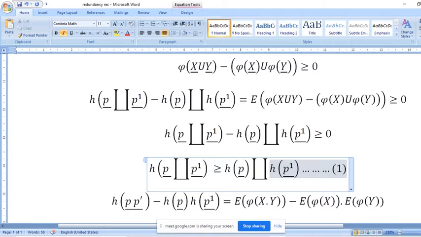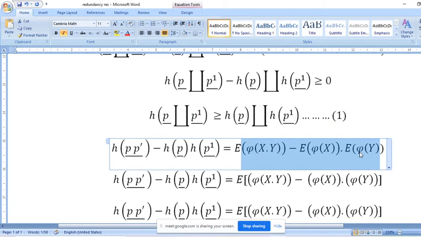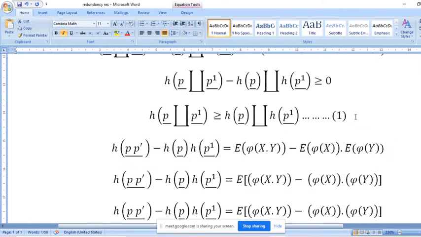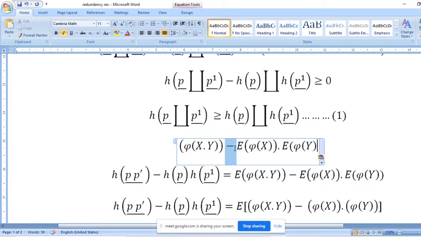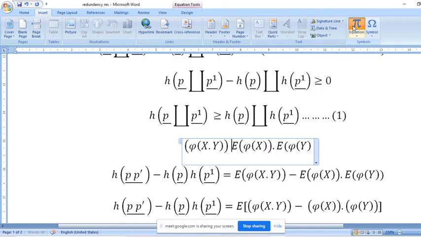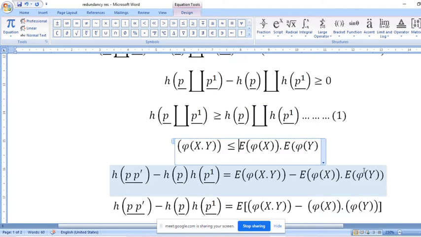Okay. Similarly, for the second result, we use the information that this is the result we have proved in the last class.